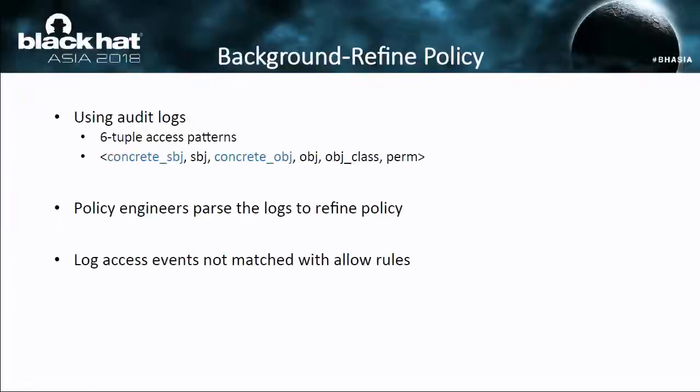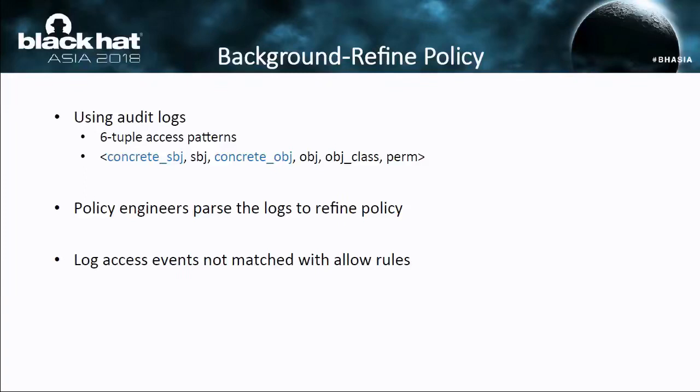In practice, our strategy is first to write some draft versions, and then we try to refine the policies using the audit logs. In general, the audit logs contain six-tuple access patterns, and in addition to the rules, they also contain the concrete subject and object.